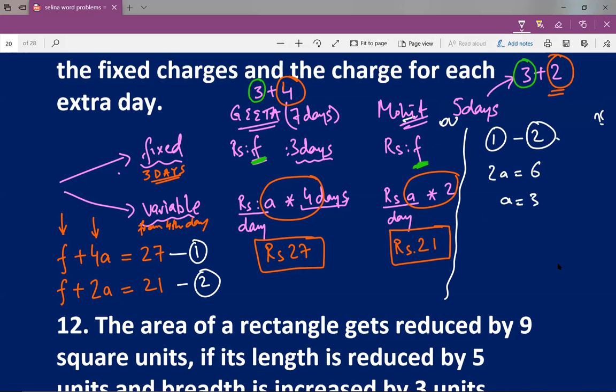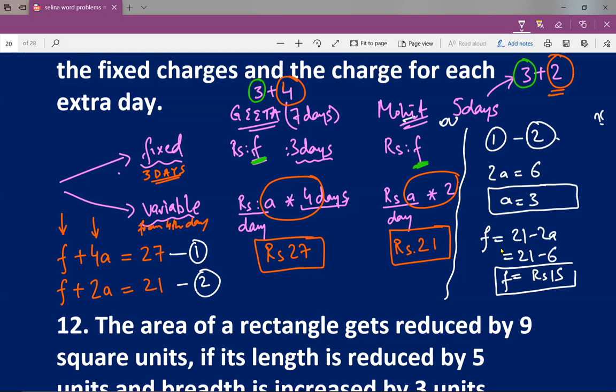A is equal to 3. So A is equal to 3 and F I will get as 21 minus 2A, that is 21 minus 6, is equal to rupees 15. Okay. Now let me try to explain to you the logic again.